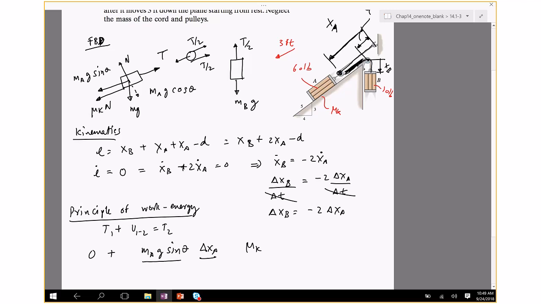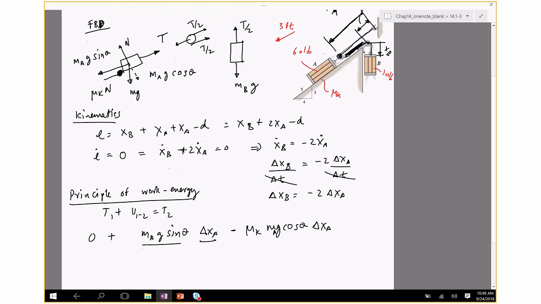I think I got the friction incorrect. If it goes downwards, then friction will act upwards. I need to correct this. So friction is mu K mA g cosine theta, and I would put delta XA with a negative sign.